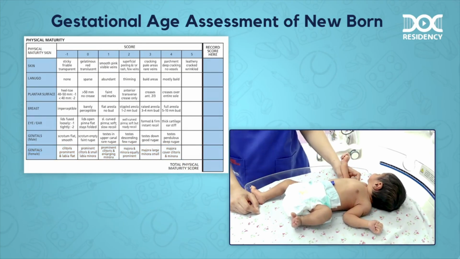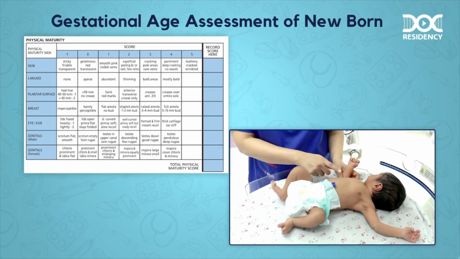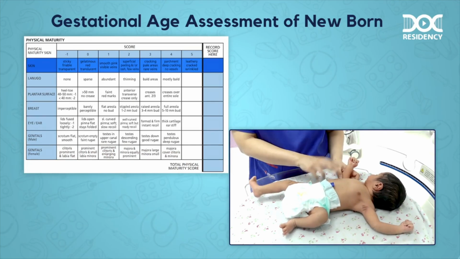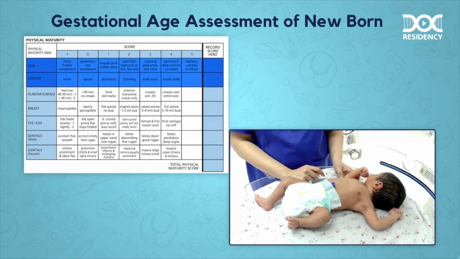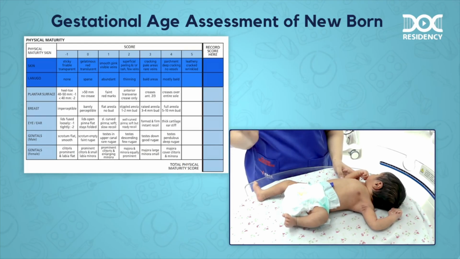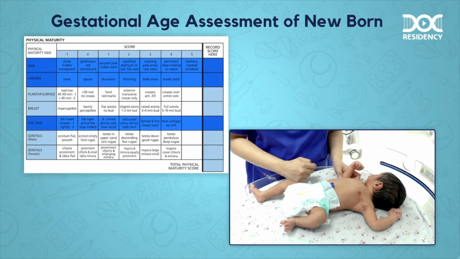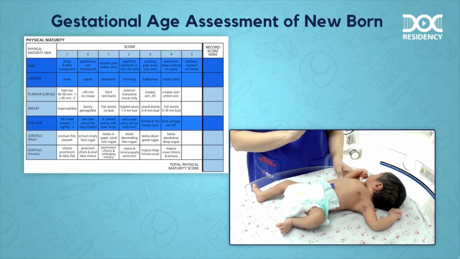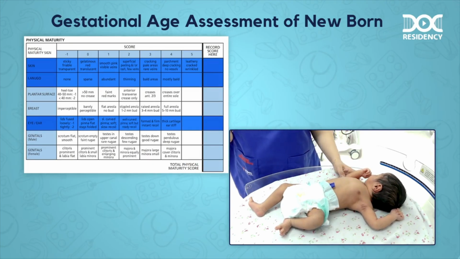So with this, we have completed the 6 physical parameters, which include assessment of skin by stretching over the anterior abdominal wall, assessment of the lanugo hair, which evolves from absent lanugo hair to abundant lanugo hair and again becomes balded areas in a full-term baby, assessment of the eyes as well as the ear cartilage, where eyes would be tightly fused in an extremely preterm baby, and there would be more and more instant recoil of the ear cartilage in a full-term baby.